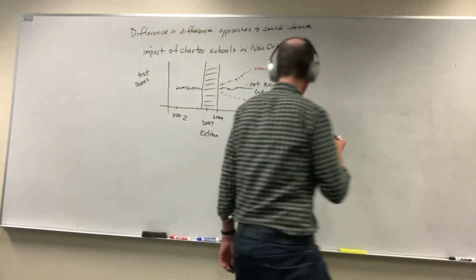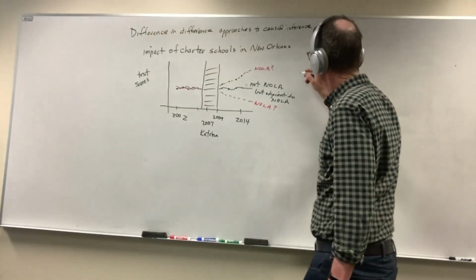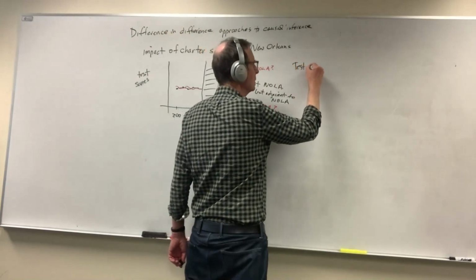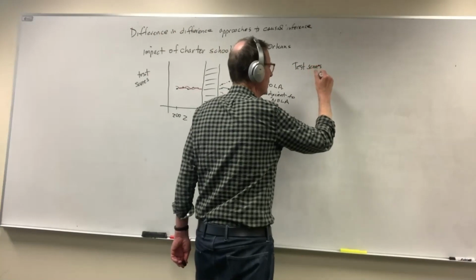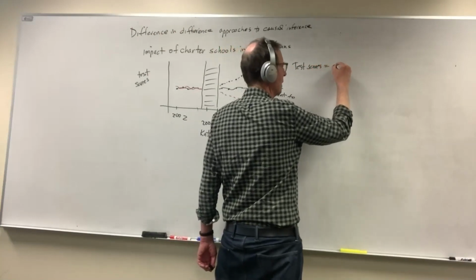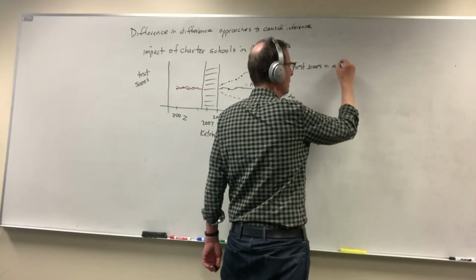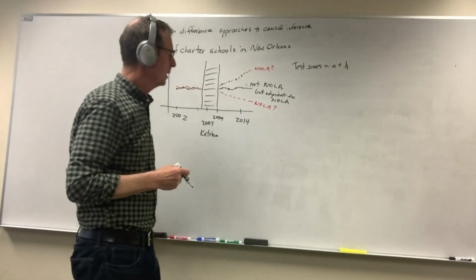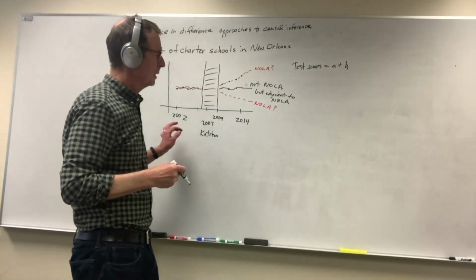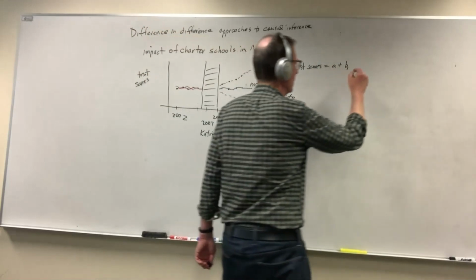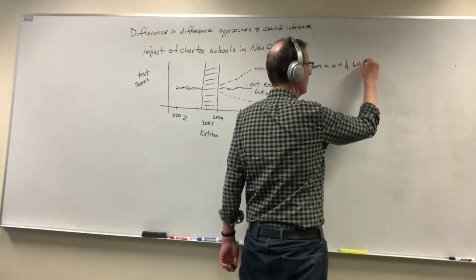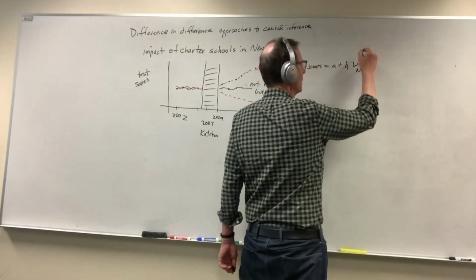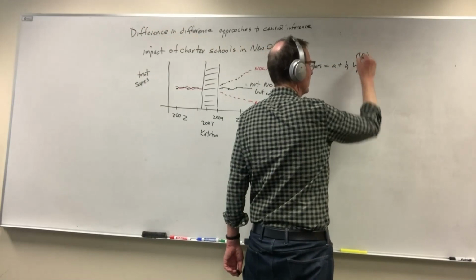So the regression model is going to be test scores as a function of some constant plus B1, and the key variable is whether NOLA, whether New Orleans. This is a 1-0 dichotomous variable.